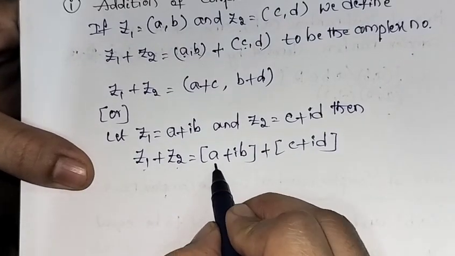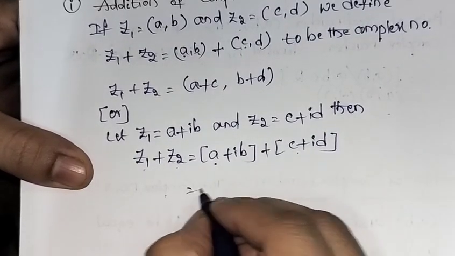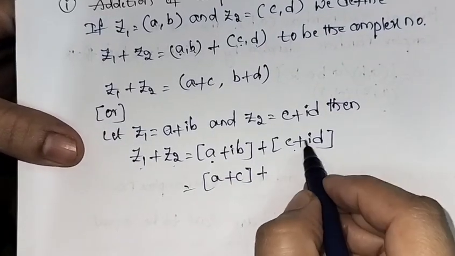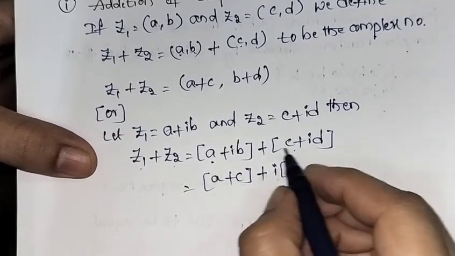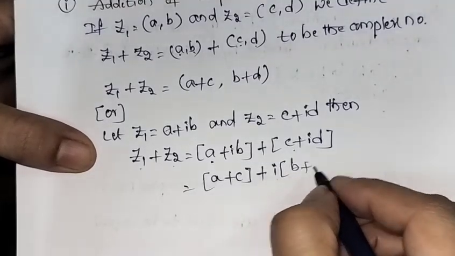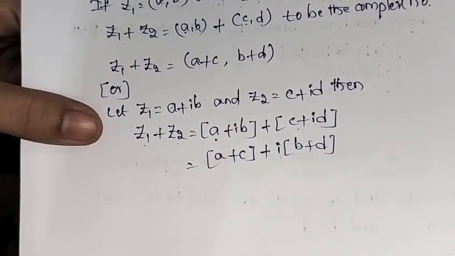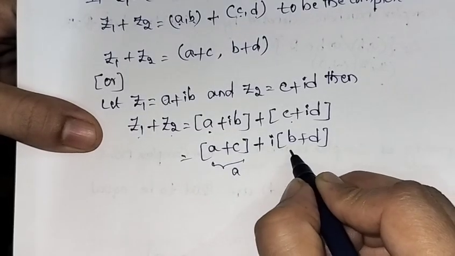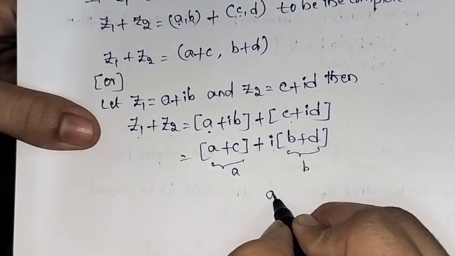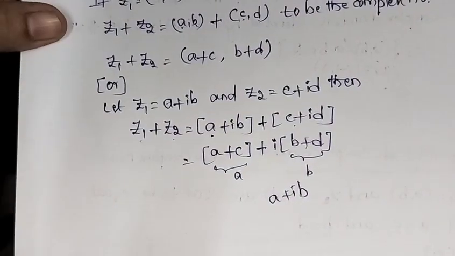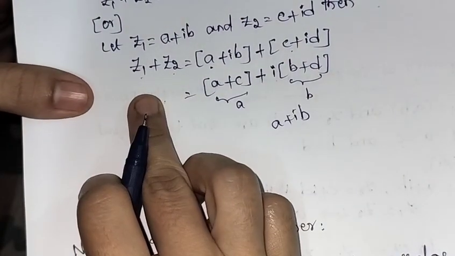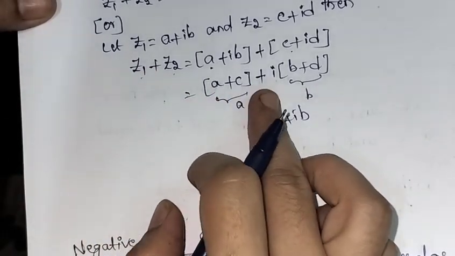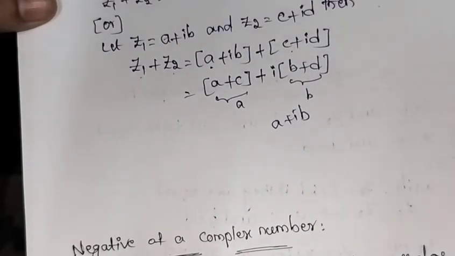So add corresponding real parts, a plus c, plus, taking i common, add imaginary parts b plus d. This is again in a plus ib form. This is a, this is b. The sum of the two complex numbers is equal to a plus c plus i of b plus d.